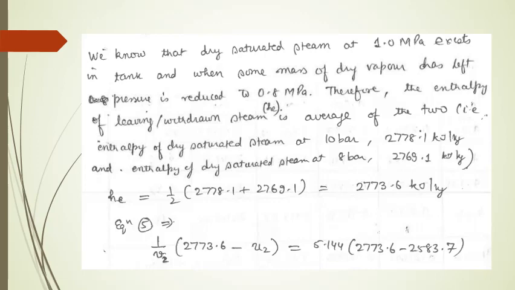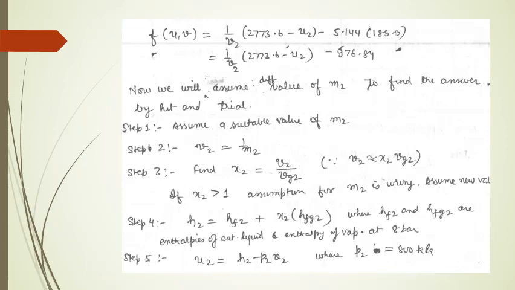Now we substitute all the values in energy equation and we get this expression as shown on the last of the slide. Now the expression FUV has been obtained and shown on the slide. Now we will assume different values of M2 to find the answer by hit and trial. Step 1, assume a suitable value of M2.